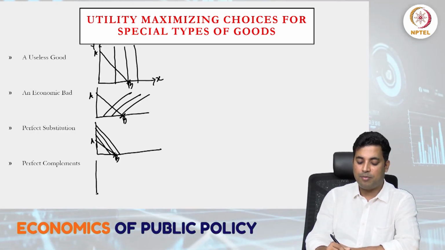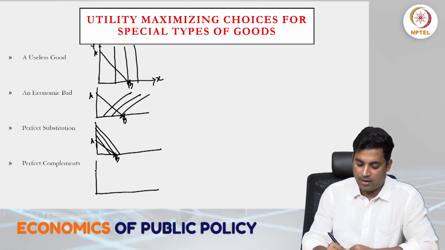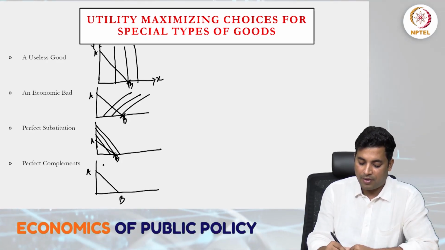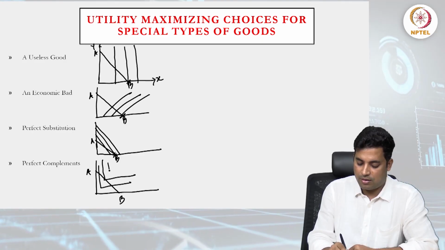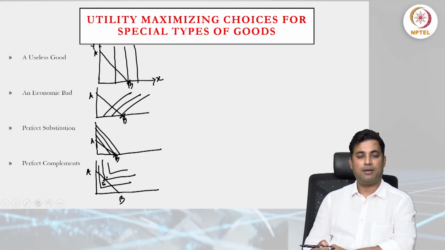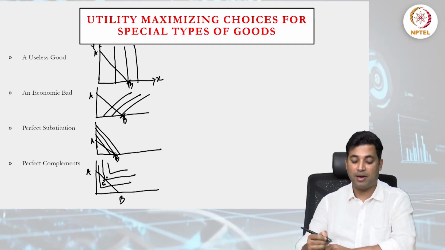And in case of perfect complementary goods, say this one is the budget a b, and at point e utility becomes optimized.